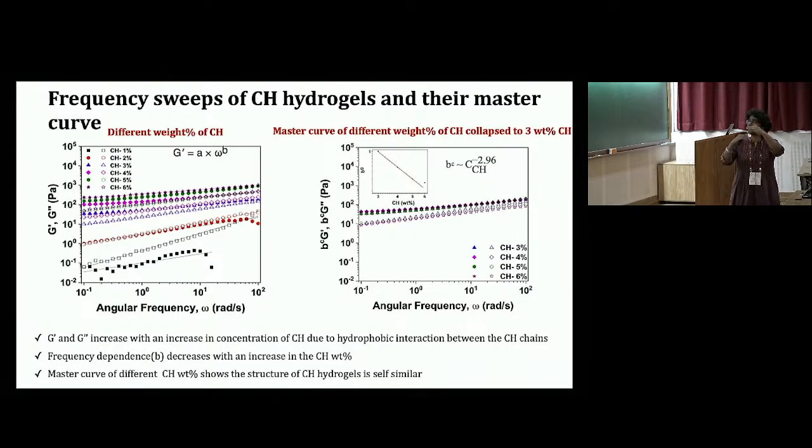Even if you increase the concentration of chitosan, you see similar frequency sweeps; the quantitative numbers differ, but the qualitative patterns are the same. If I want to collapse this data by taking a reference, I could. This is not a new finding, but it lines up very well with the earlier published literature.